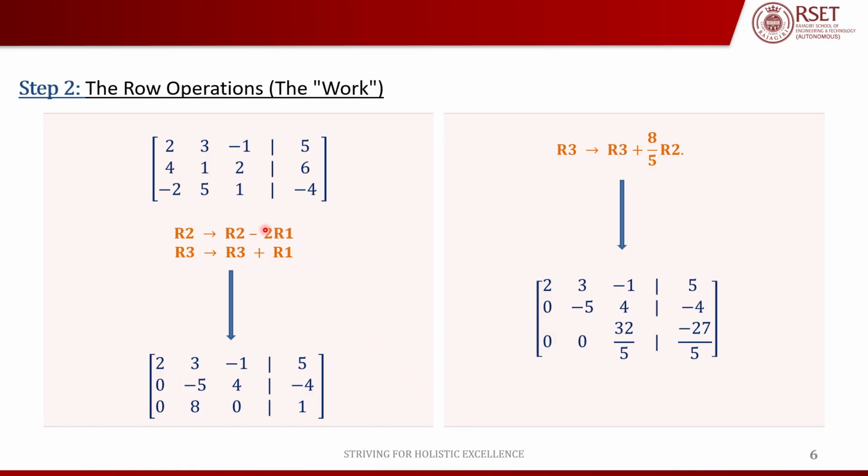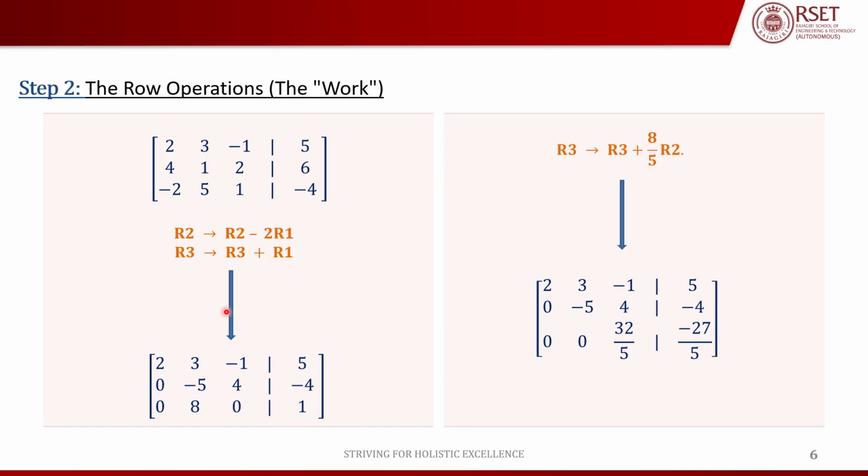By multiplying it by 2, I can make it 4, and by subtracting this 4 minus that 4, I will get a 0. So that is the first thing we have to do. That is, row 2 will change to row 2 minus 2 into R1. We are multiplying 2 to this row and subtracting it from R2. So we will get a matrix like this.